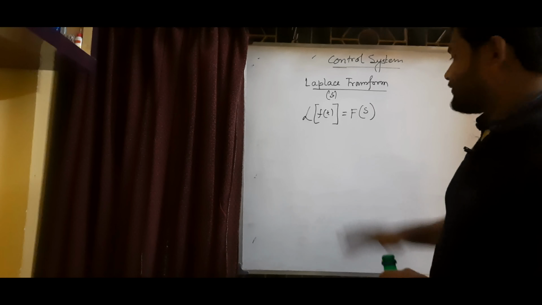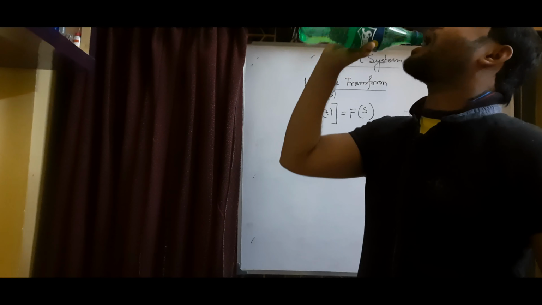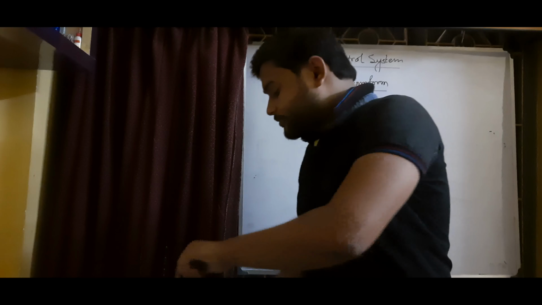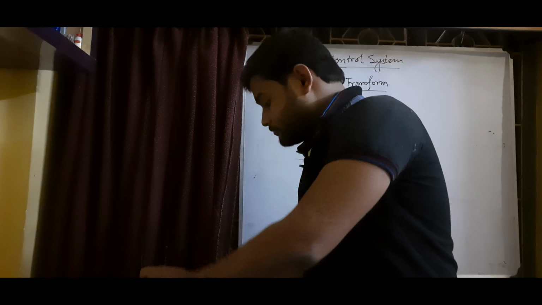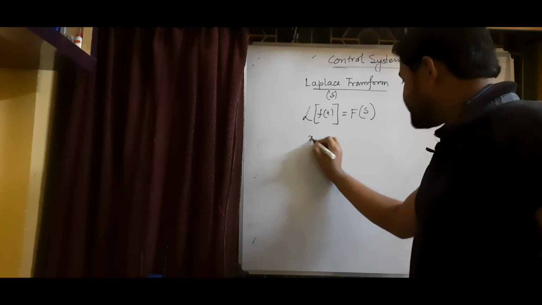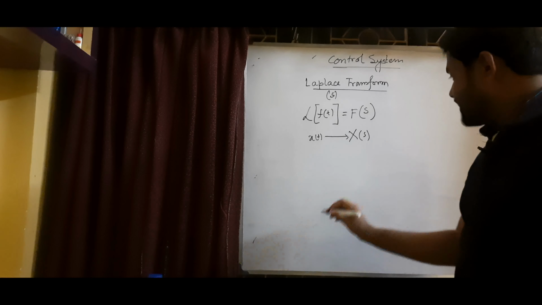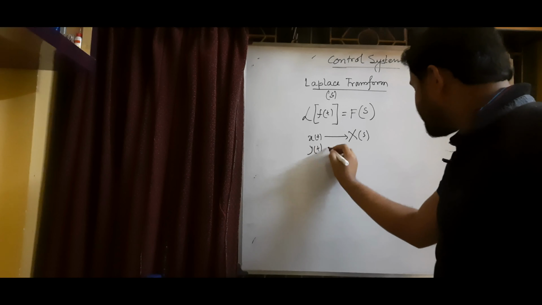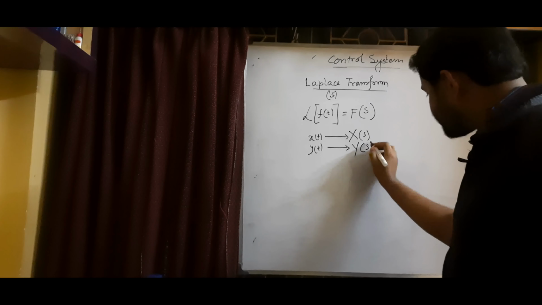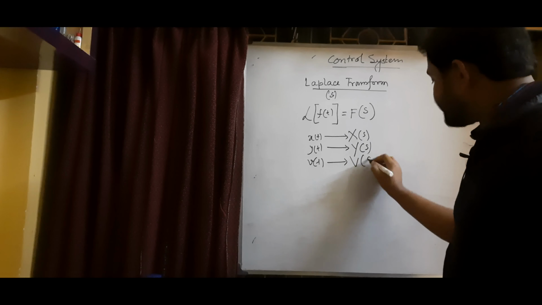Okay, not F only, capital letters. So if the variable is x(t), then the transformation will be capital X of s. If the variable is y(t), the transformation will be capital Y of s. If the variable is v(t), the transformation will be capital V of s, like this.